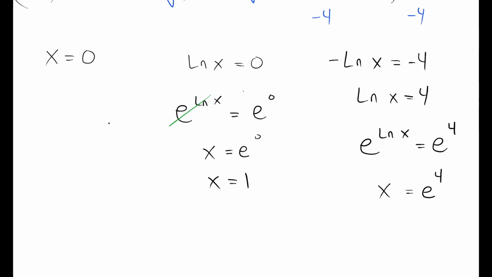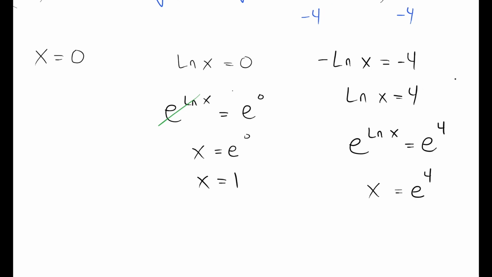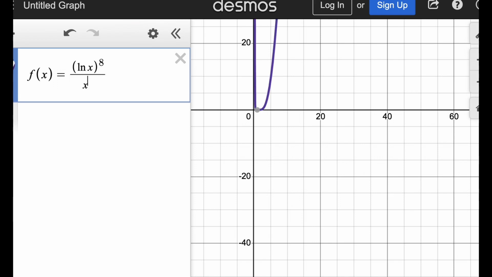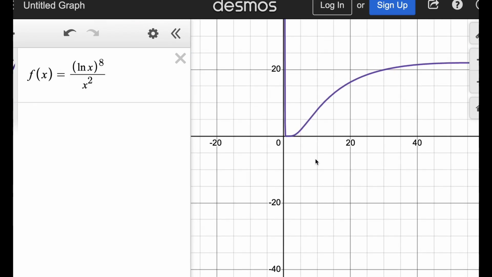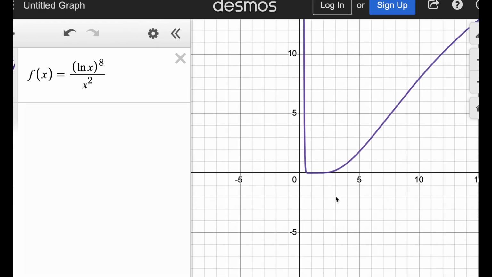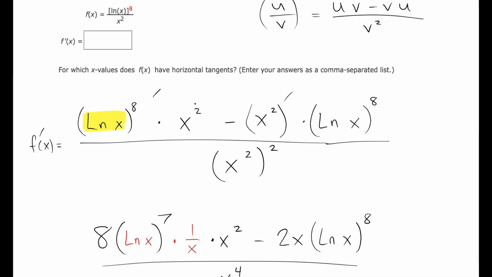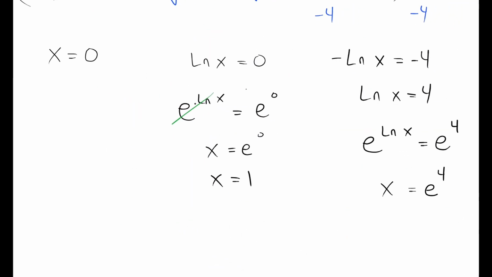So it looks like those would be the potential places where we could have horizontal tangents. I've just verified that with Desmos, and it looks right. So I typed in the original formula, and the possible critical points are at 0, 1, and e to the 4th.